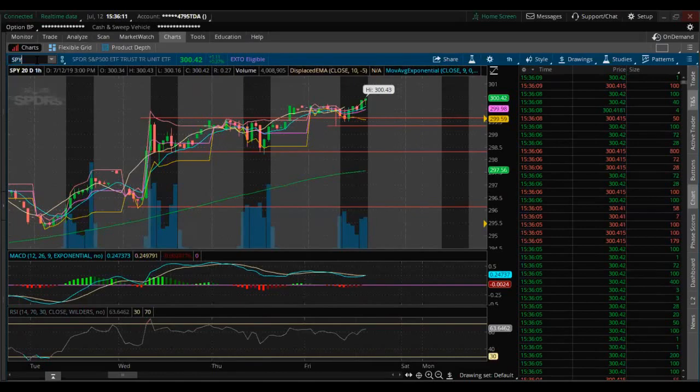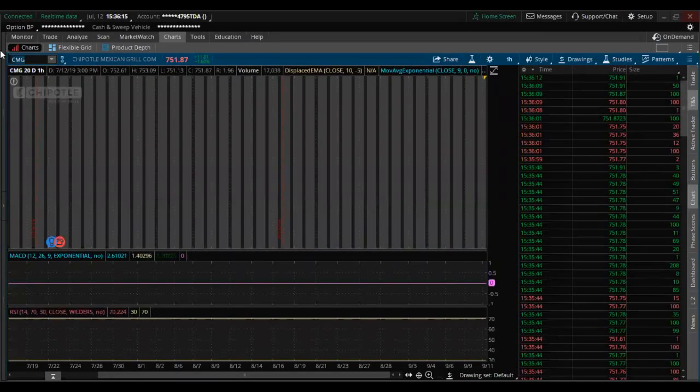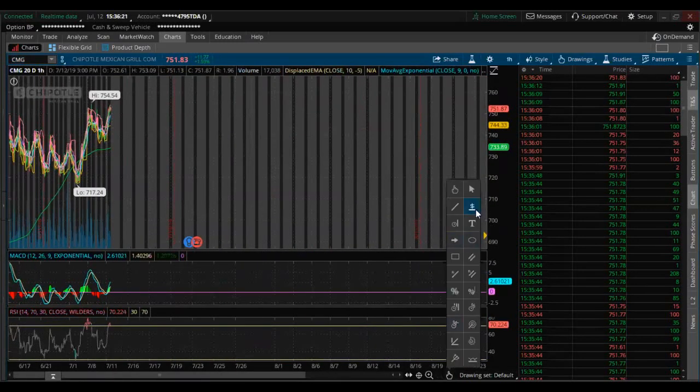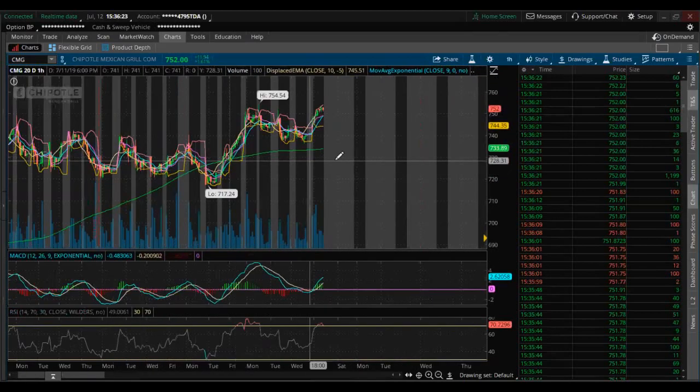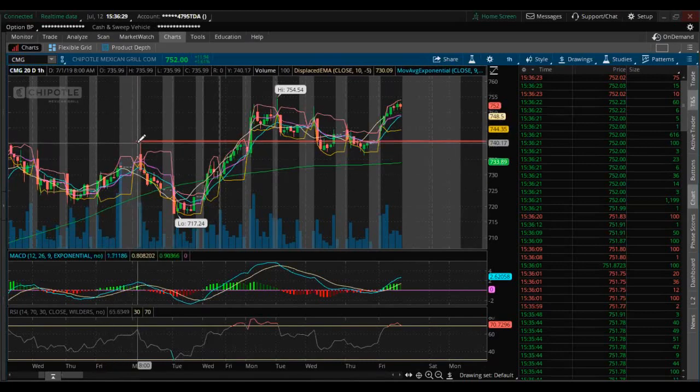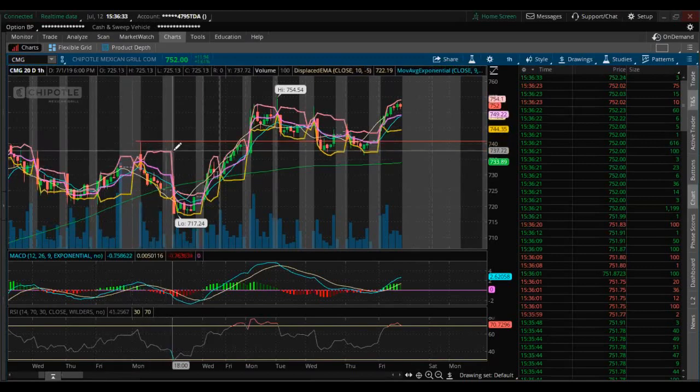Also remember, let's go to a different stock. Also remember, old support becomes new resistance, right? So basically, as you can see over here, there's a candle that peaked out over here, and that was the resistance over here.